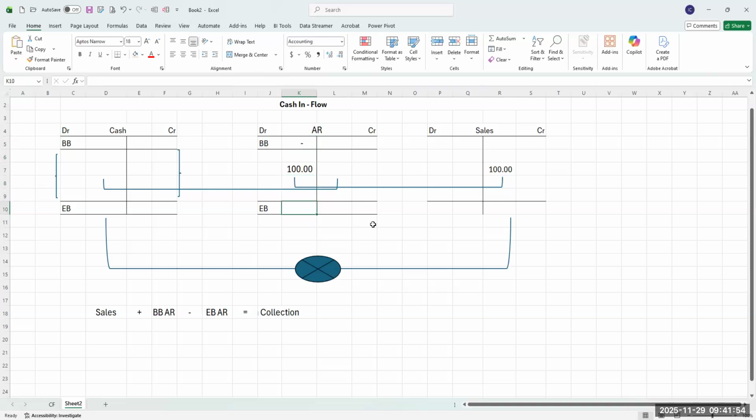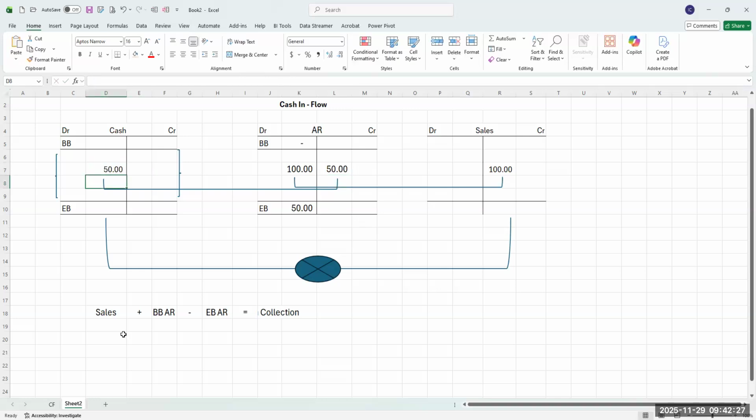Ending balance is 50. How much cash did I collect? 50. Make sense? Because the beginning balance plus the debit minus credit has to give me the ending balance. If the beginning balance is 0 plus 100 minus something has to give me 50. How much is that something? 50. So that means I collected $50 cash.